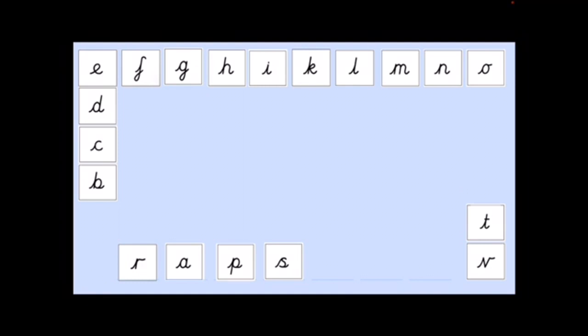And if you are saying he is rapping, have a think. What will we need to do before we add the suffix ing? We double that P. Now, if we're doing this in school, we often have a moving letter and we move it backwards and forwards to show that it's there twice.